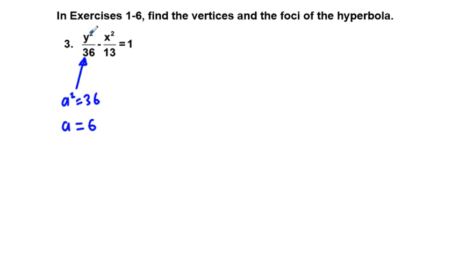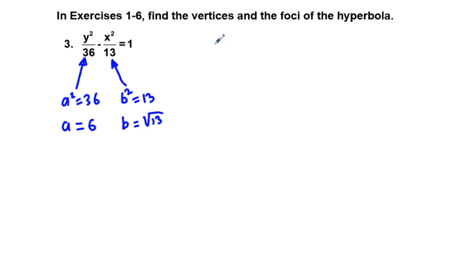And we have y squared over 36, meaning that we're going to have a differently oriented hyperbola. And then for the 13, we have b squared is equal to 13, and therefore b, or semi-conjugate axis, is equal to the square root of 13.